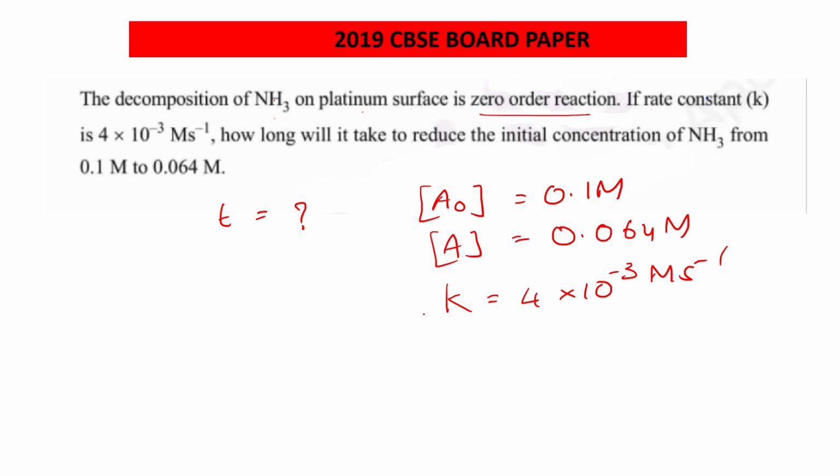Correct. Now, how long will it take to reduce? So, t value I need to find out. Now, they said it is a zero order reaction. So, for a zero order reaction, we know that the formula is t = ([A]0 - [A])/k. Now, substitute the values. How much was A naught, students?